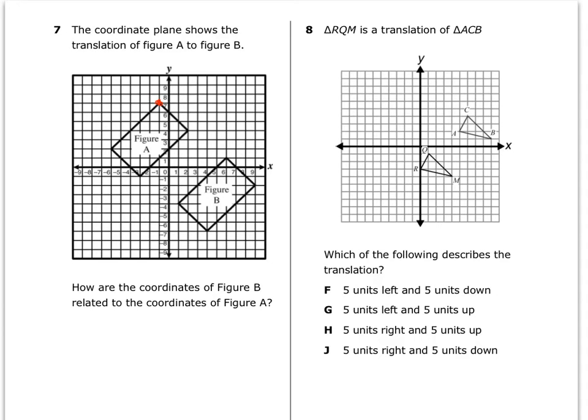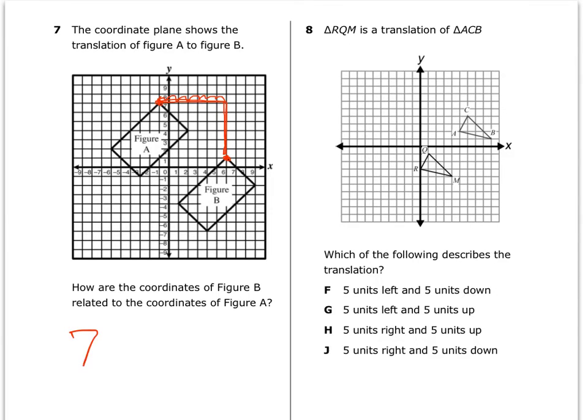Now, on figure B, if we're talking about the top corner of figure A, which corner are we going to talk about on figure B? Right. Top. It corresponds with it, doesn't it? So if we're moving from A to B, let's see how this particular point moved. We went over this far. We went down this far. Now all we got to do is count. 1, 2, 3, 4, 5, 6, 7.